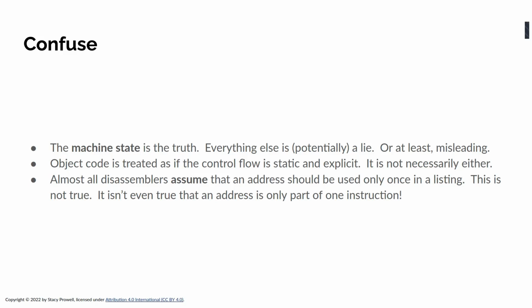But we'll assume it doesn't change. Well, that's where my code is. Well, not necessarily. That byte could be an opcode, a prefix byte, part of an argument or an operand for something. And it might be any of those during the course of execution, depending upon where the instruction pointer ends up.